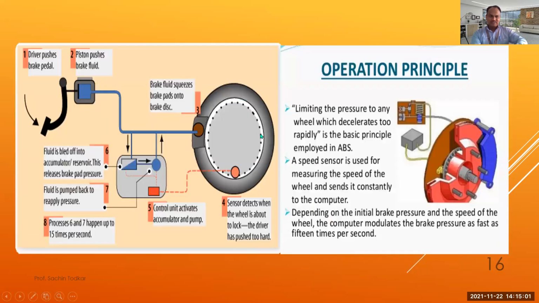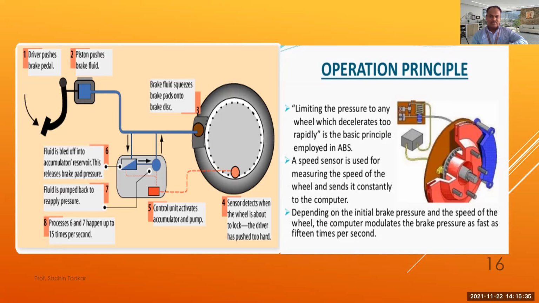The operating principle is limiting the pressure to any wheel which decelerates too rapidly. If there is complete deceleration of any wheel, then we limit the pressure with the help of that feedback loop function. A speed sensor is used for measuring the speed of the wheel and sends it constantly to the computer. So the speed sensor constantly sends the feedback to the computer about that speed limit or if the wheel is completely stagnated.